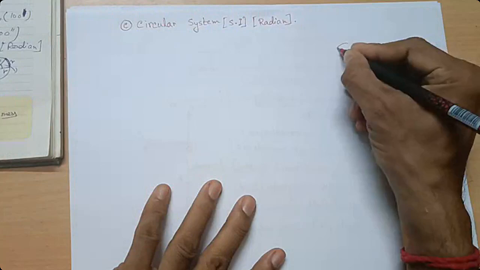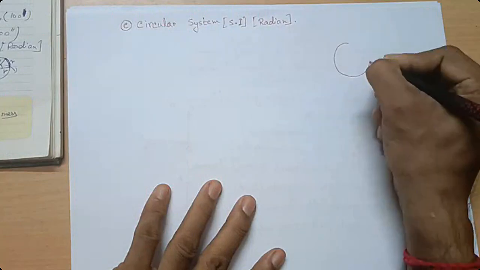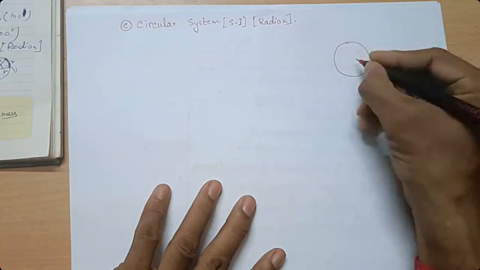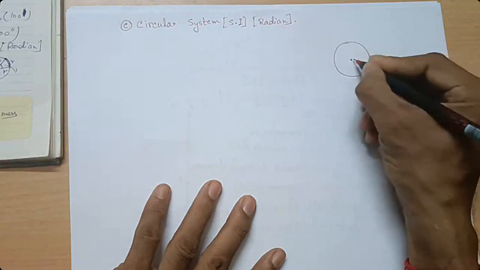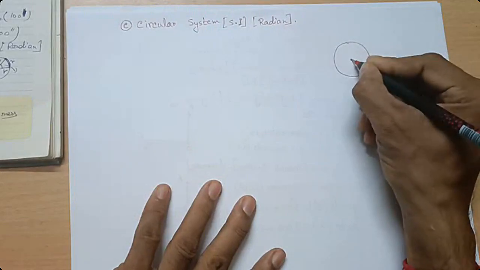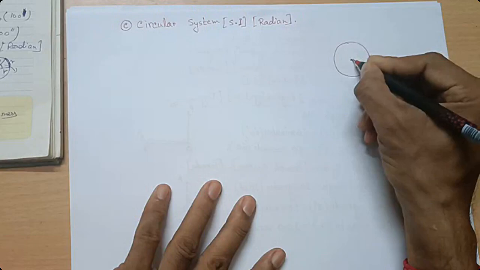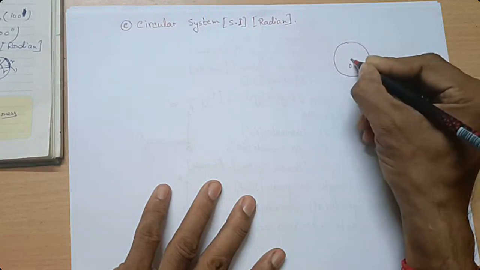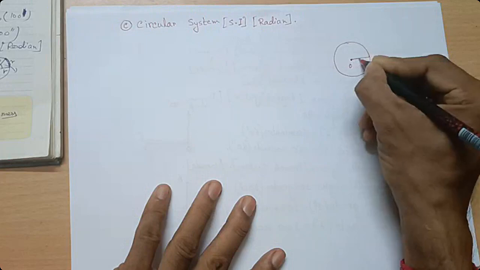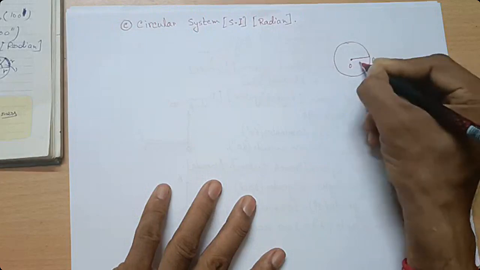Suppose we have taken a circle, and this is the center O. If we take a line from O to A, that is the radius.